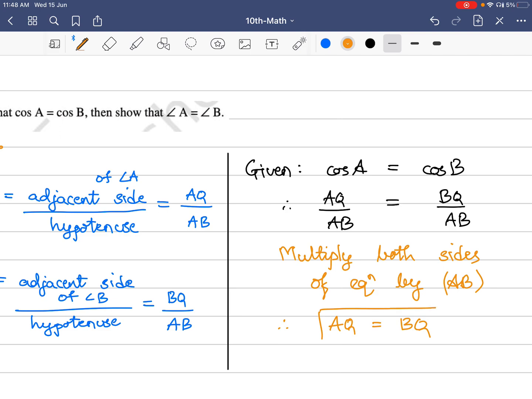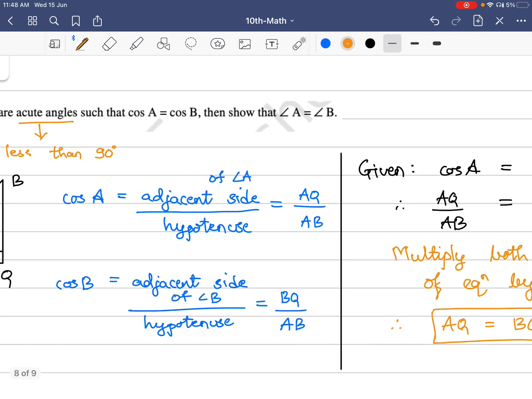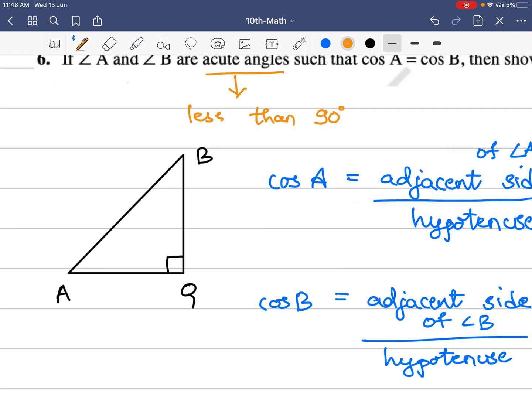So the side AQ is equal to the side BQ. If you come to this triangle representation, the side AQ is equal to side BQ. So if AQ is equal to BQ, then this is actually an isosceles triangle. And we all know the property of an isosceles triangle: if these two sides are equal, then these two angles are also equal.